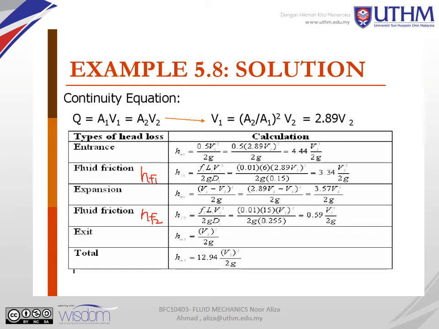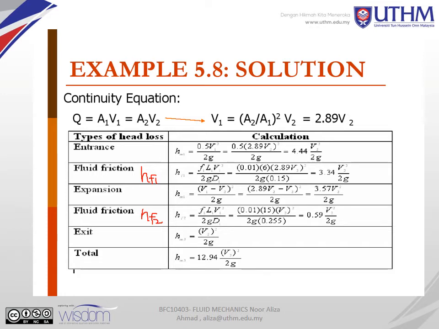The entrance, the head loss for the entrance, the head loss for the fluid friction HF1, the head loss in expansion, the head loss in fluid friction HF2. This is entrance, this is expansion, this is exit. So you just total here.